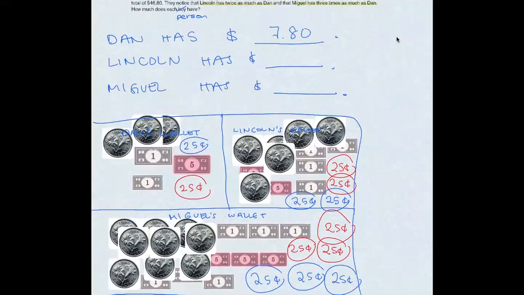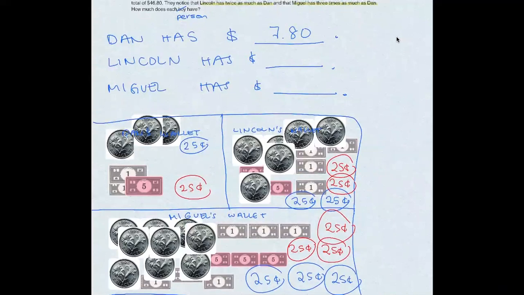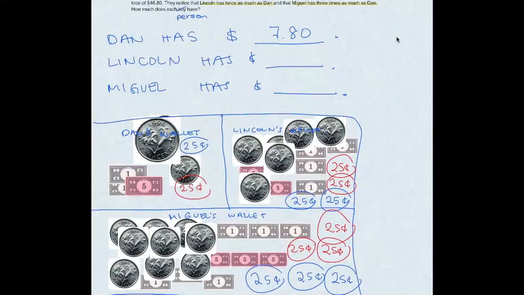Let's just double check that. $1, $2, 2 plus 5 is $7. The 25 cents is 50 cents, 60 cents, 70 cents, and then the 80 cents there. Cool, $7.80.